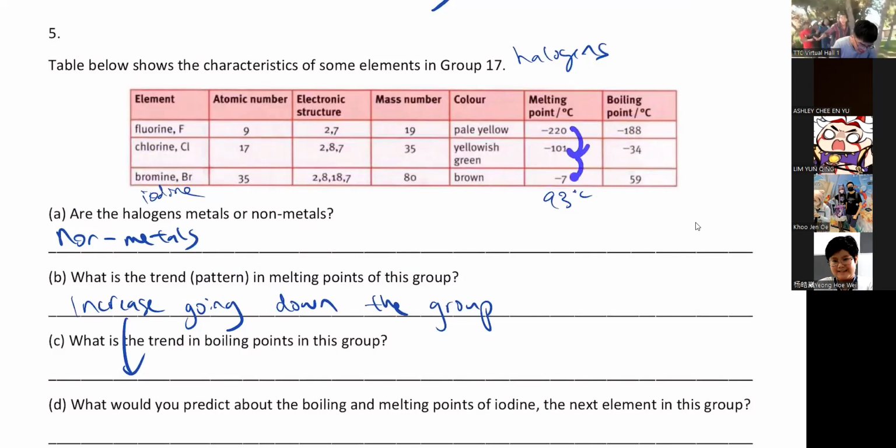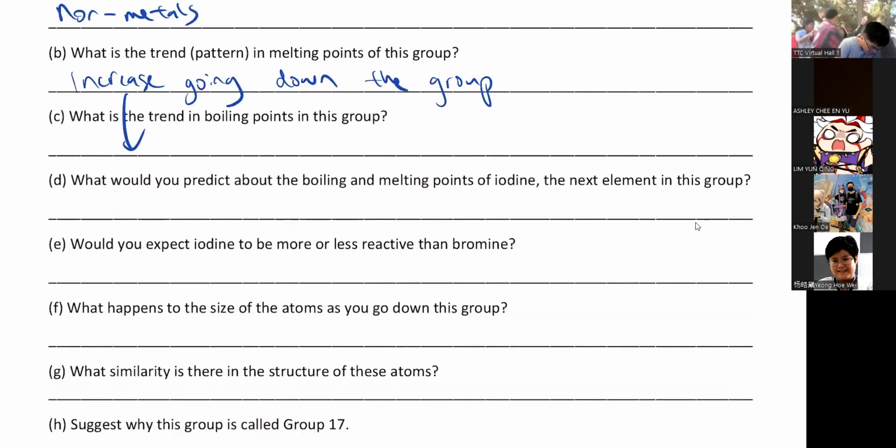So of course, compared to bromine, iodine is even higher. Iodine is lower down, so it's higher. So both will be higher than bromine.